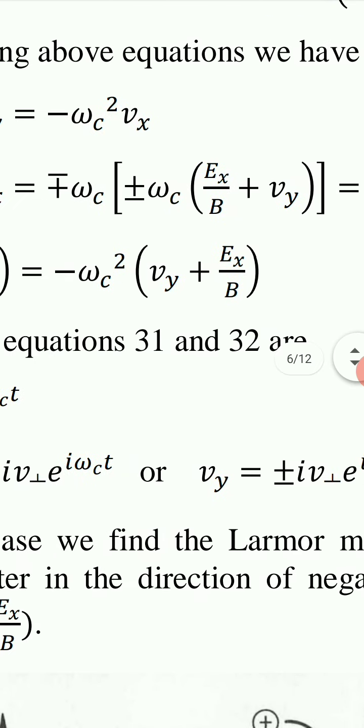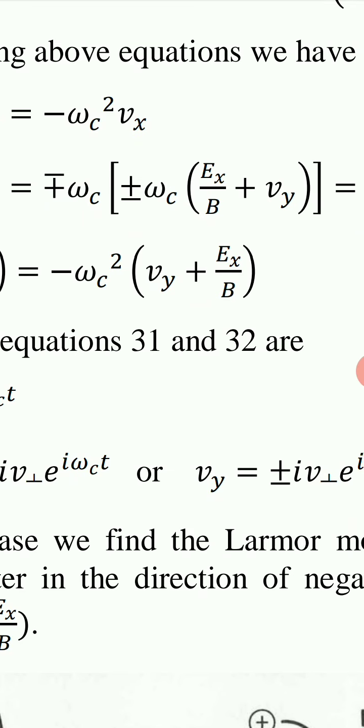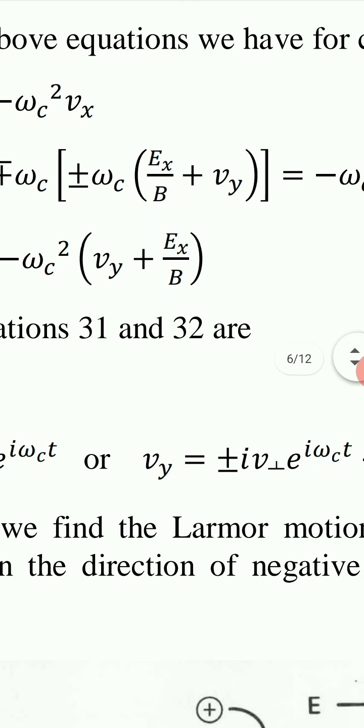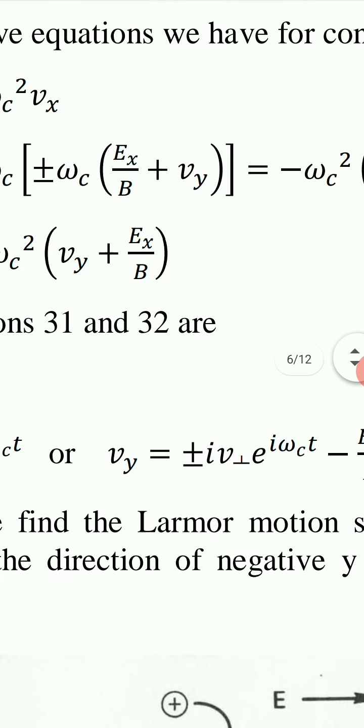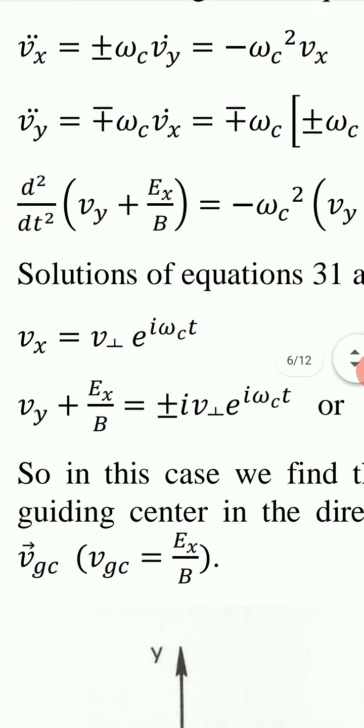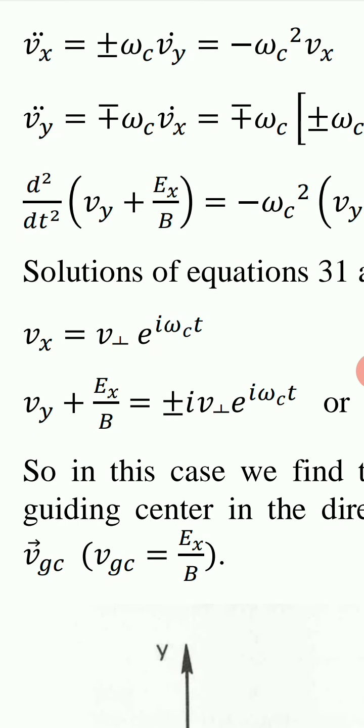If we multiply minus plus with plus minus, we get minus sign, and omega c multiplied by omega c is omega c square, and we have Ex upon B plus Vy. Vy double dot is the twice differentiation of Vy with respect to t, that is d2Vy upon dt square.